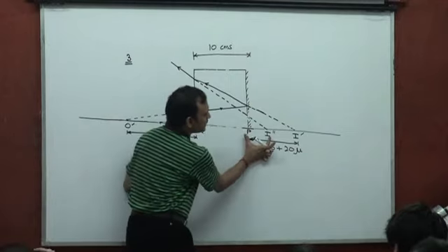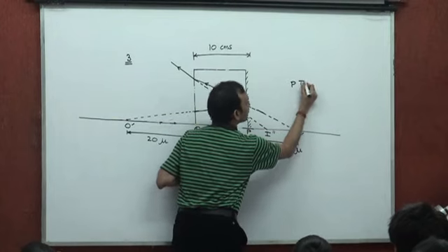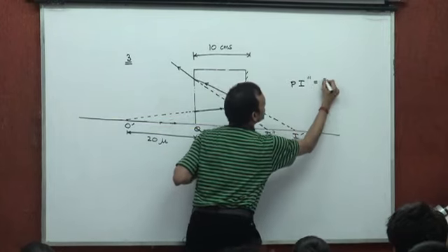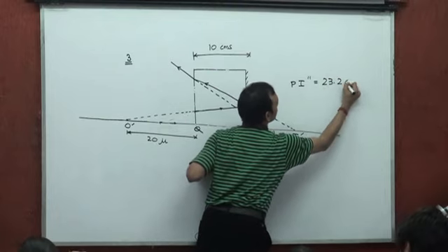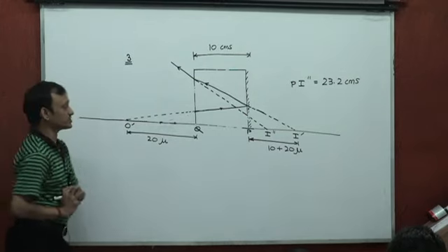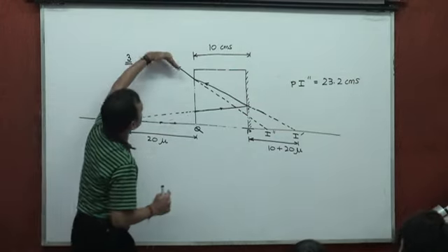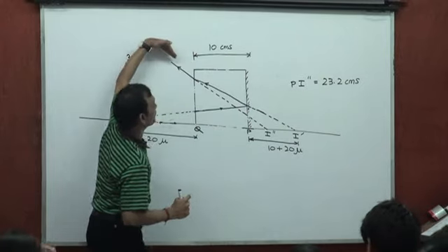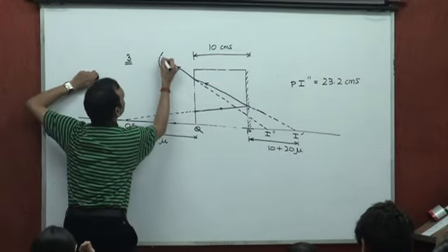It's given that PI double prime is 23.2 centimeters. Now, as far as refraction on the final face is concerned, it's being viewed like this.